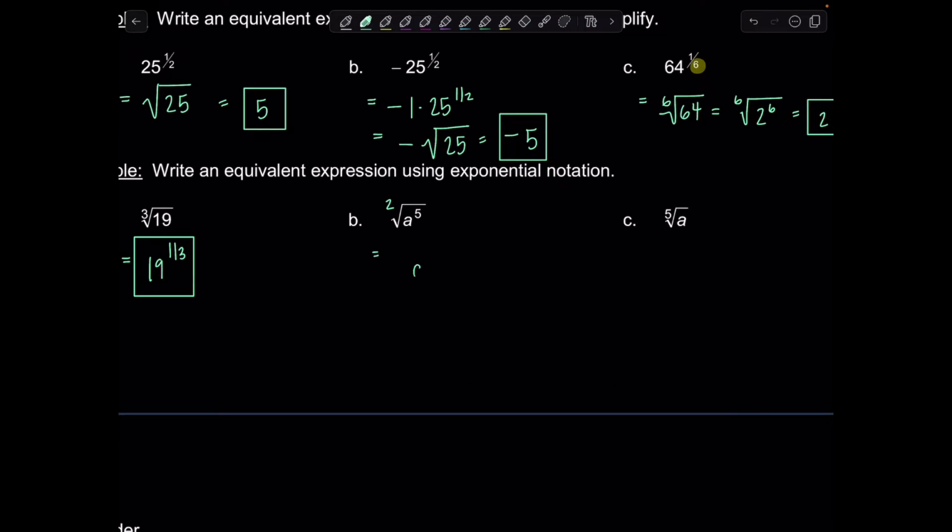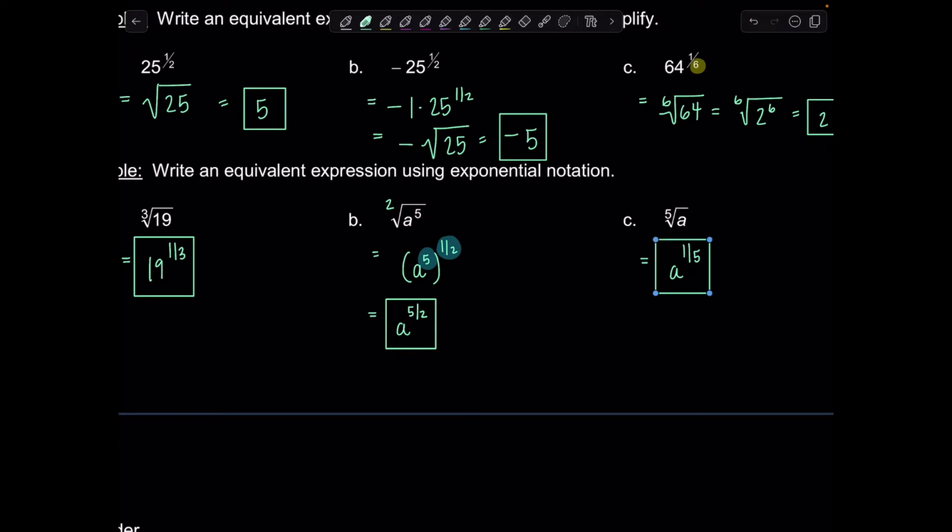So this is a to the 5th raised to the 1/2. And then remember, we can simplify. We can multiply these exponents by each other. So this is going to be a to the 5/2. Beautiful. Example C, we have the 5th root of a. So that's a to the 1/5.